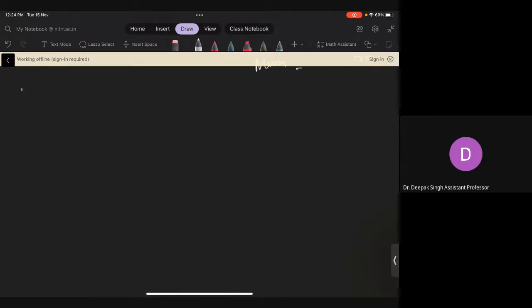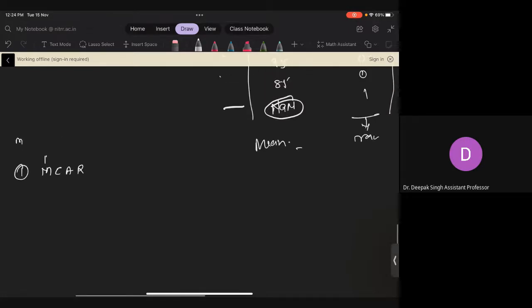Basically, we have three types of missing values. The first one is MCAR, missing completely at random. C stands for completely.